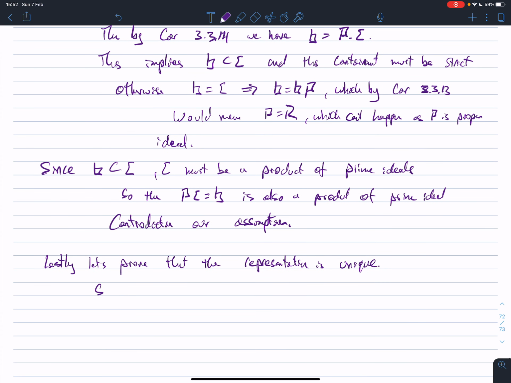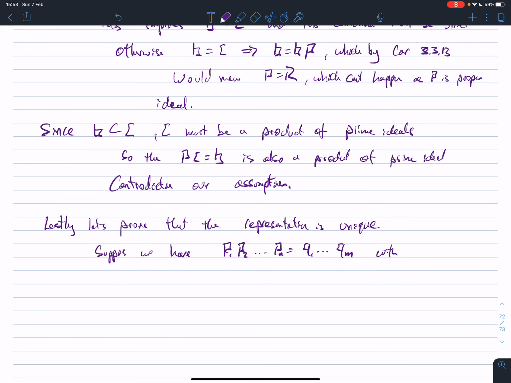So suppose we have P1, P2 to Pn being the same as Q1 up to Qm, with Pi and Qi not necessarily distinct prime ideals.